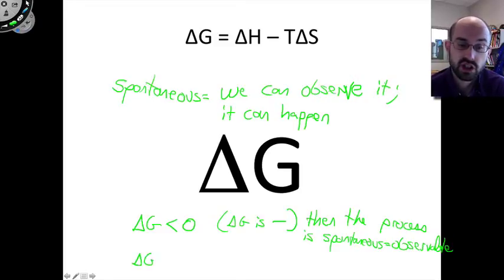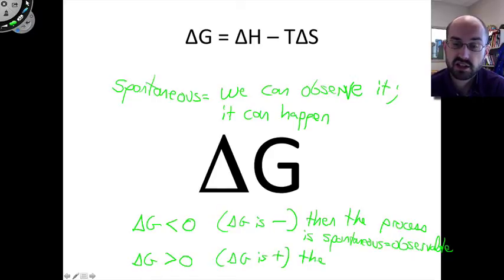If delta G is greater than 0, so if delta G is positive, then the process is not spontaneous, or the reaction is not spontaneous.